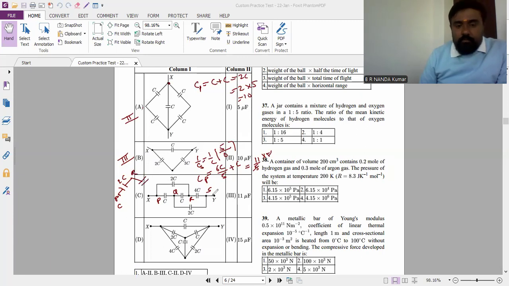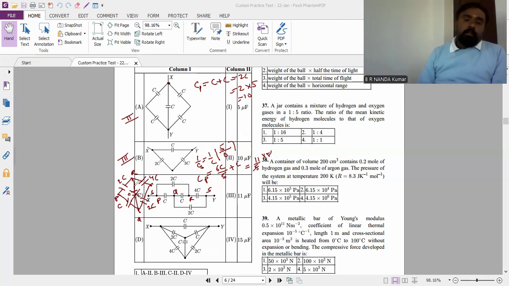R to S capacitor is 4C. P to Q capacitor is C, and R to Q capacitor is C. And Q to S capacitor is 2C. So this is balanced: C by 2C is 1 by 2, 2C by 4C is 1 by 2.